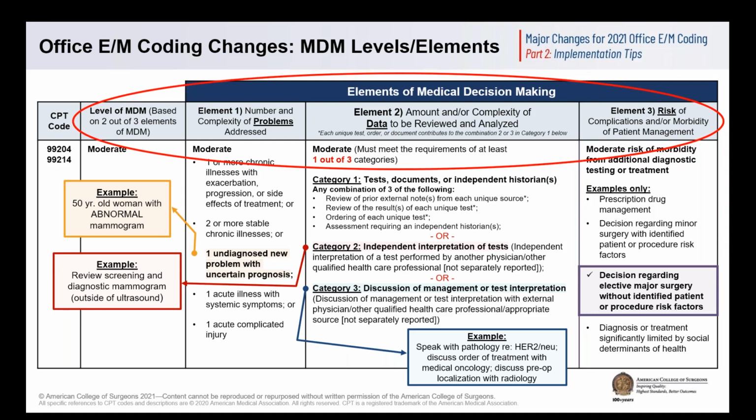Reviewing the mammogram meets the independent interpretation of the test. Then you have speaking with another clinician regarding her HER2/neu status with pathology, or talking about pre-op localization with radiology. A number of different things will fit into that category. Next slide, please.